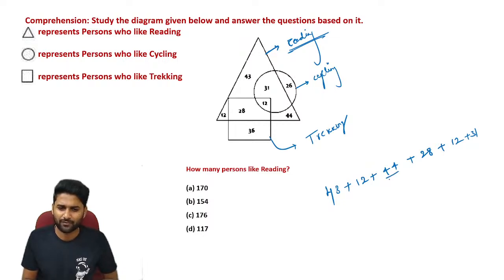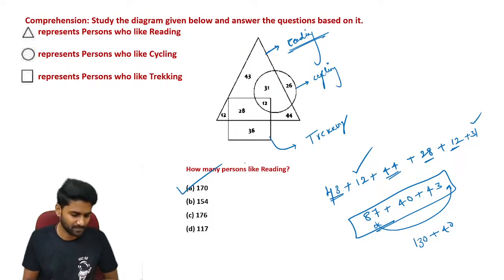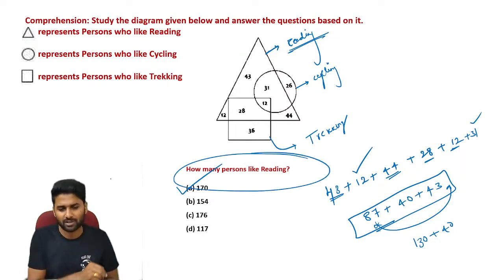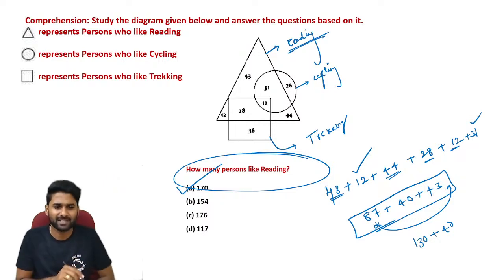So here 44 plus 43 is 87. 28 plus 12 is equal to 40. 12 plus 31 is 43. Go through the sum. 87 plus 43 is 130. 130 plus 40 is 170. See, you have to consider all the values in the triangle. It's all about the entire reading part.